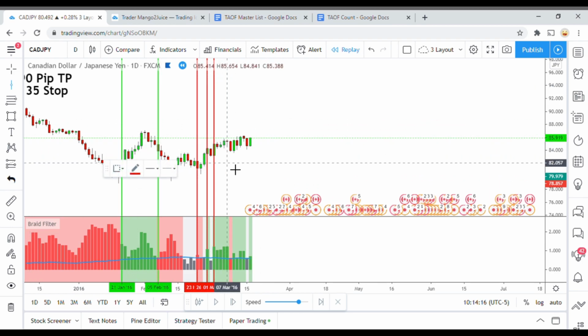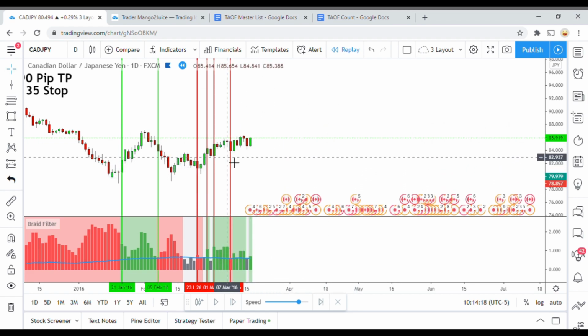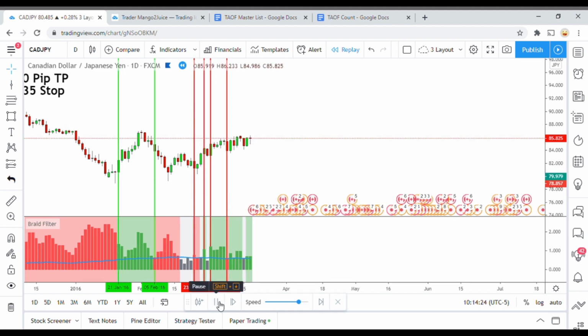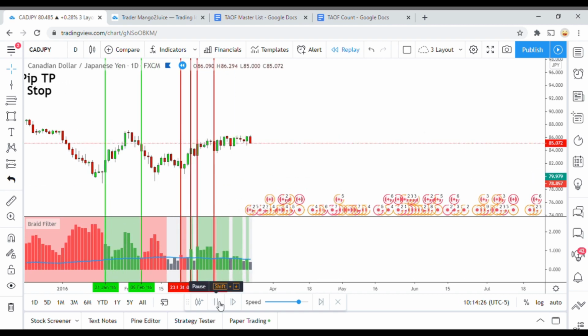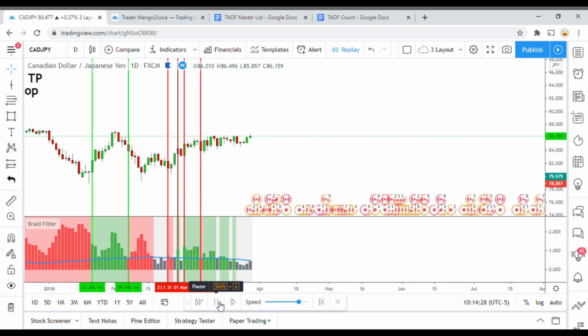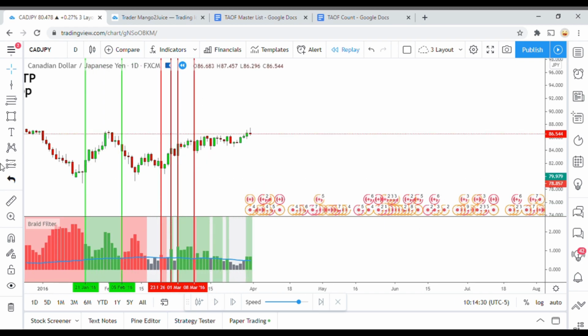That short signal right there also would have gotten us stopped out as it reversed almost immediately for a long on the backside. And it looks like it eventually, let's double check here, picks up a long here.